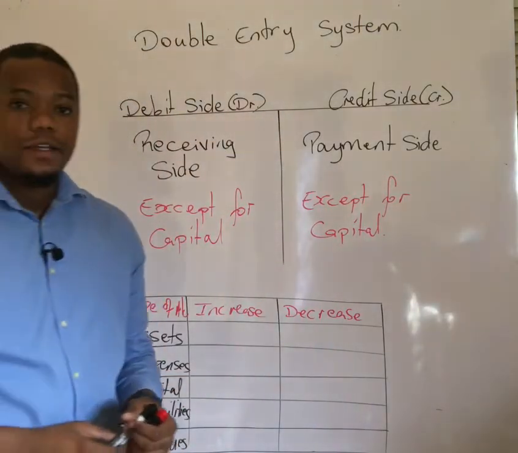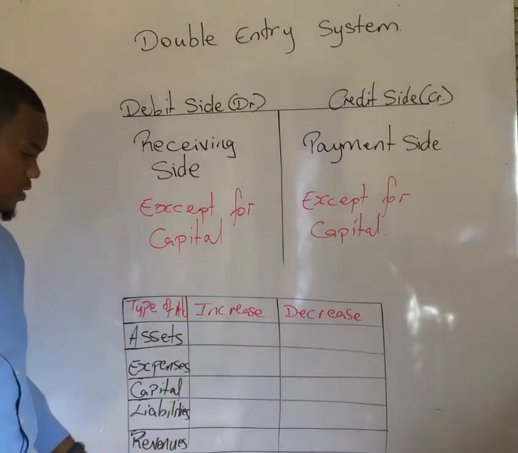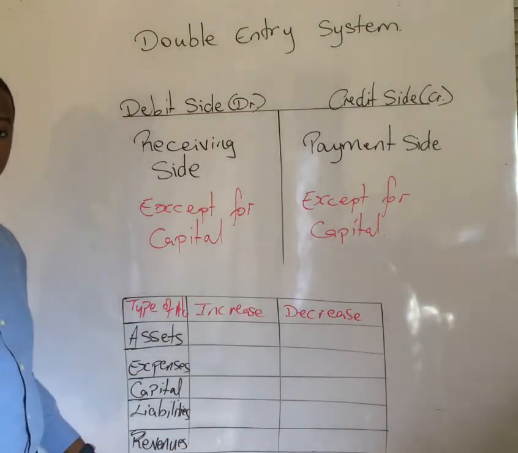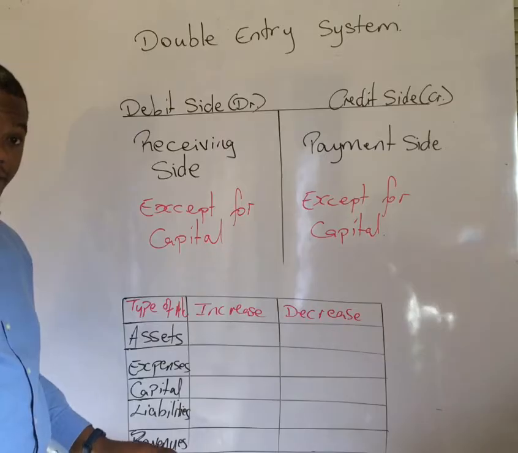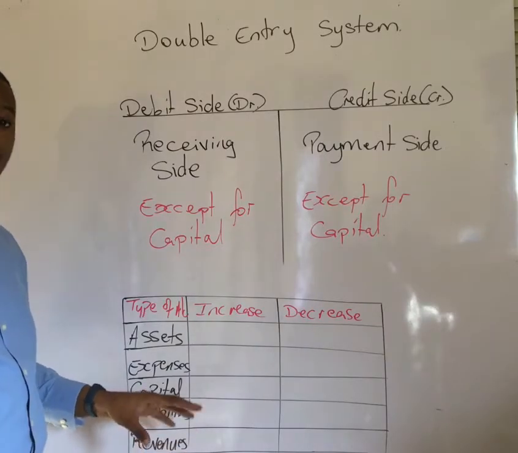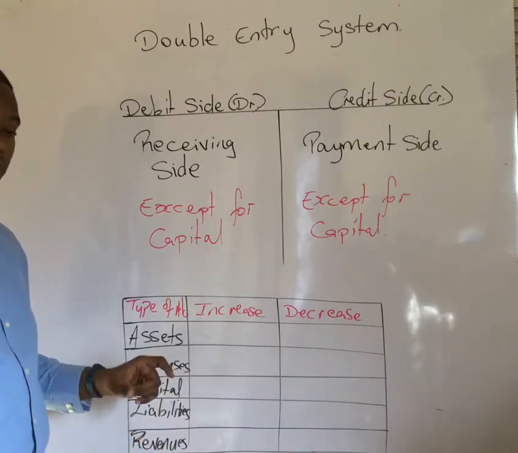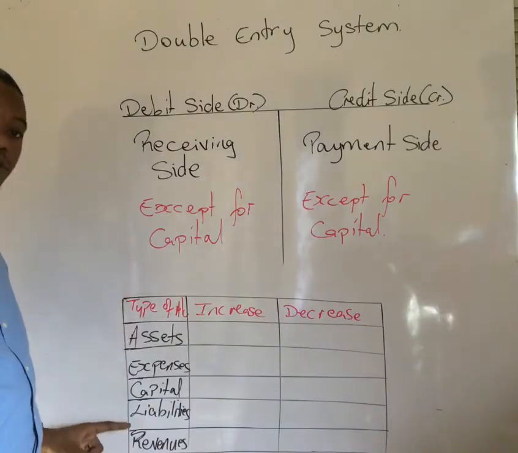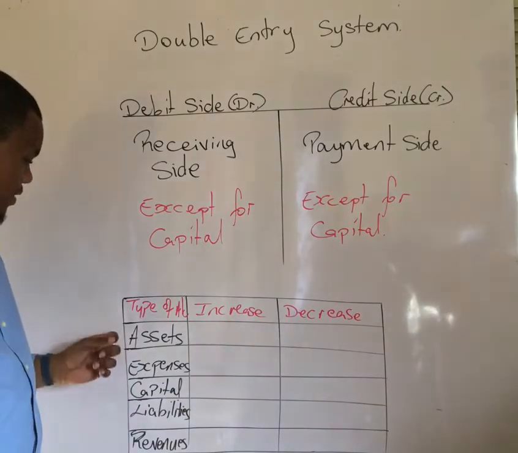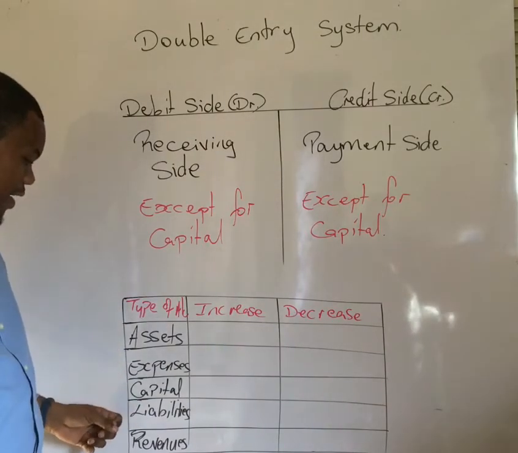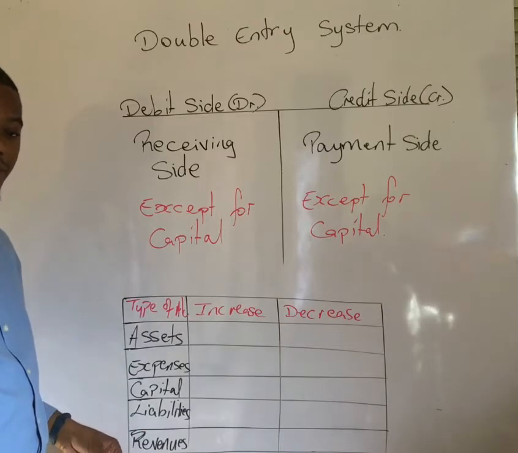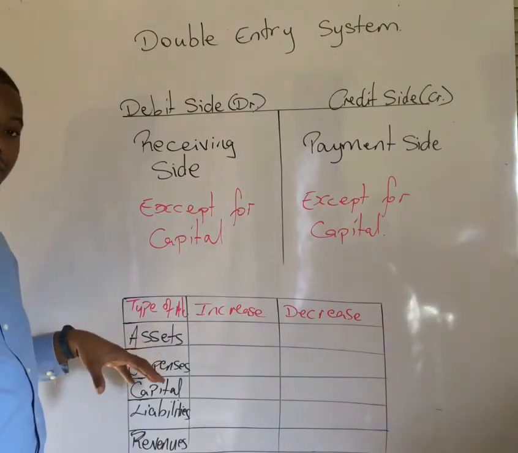All right, so this is the correct way to teach the double entry system. It is important for you to know the types of accounts: assets, expenses, capital, liabilities, revenue. These are some types of accounts that we will have.